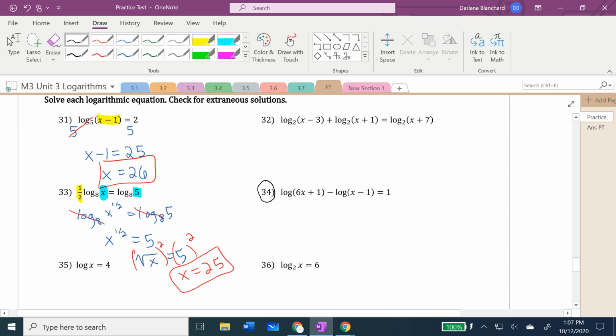Is that a condensed logarithm? Am I ready to just undo the logarithm right now? And I'm checking chat. For 34, am I ready to undo the logarithm, or do I need to condense?